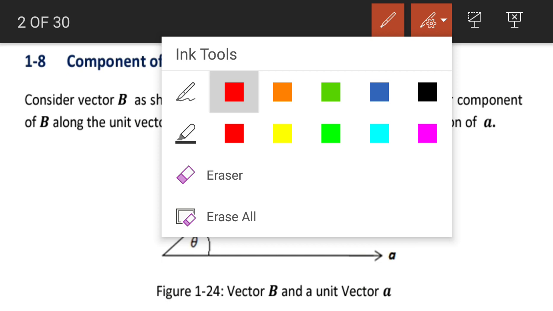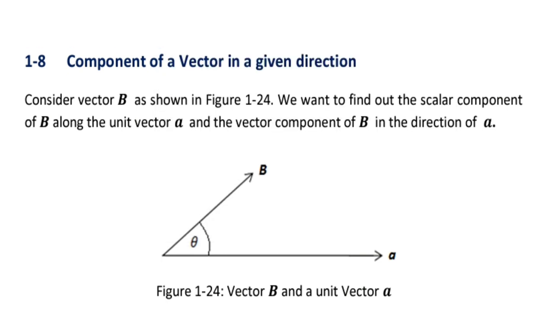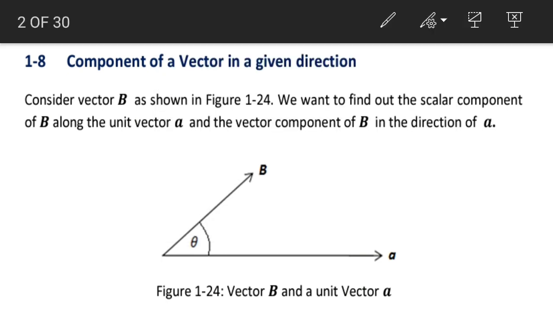We consider a vector which is represented by B in this diagram, and we consider a line over here. The angle between this vector and line is represented by theta.